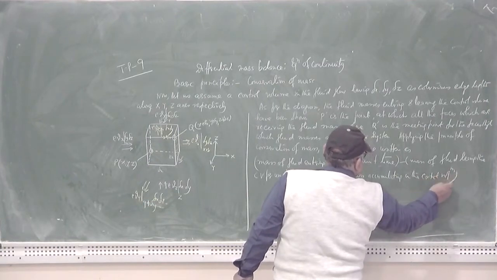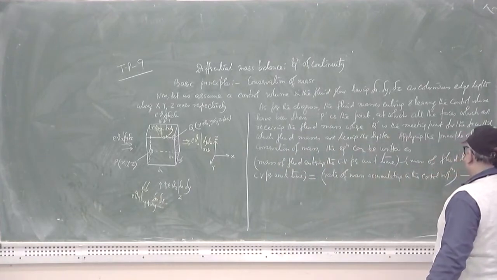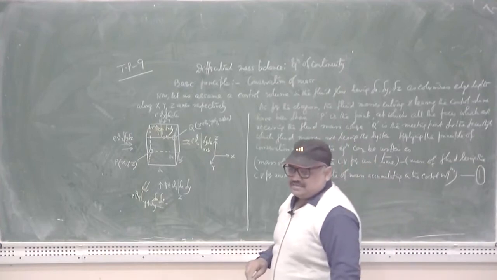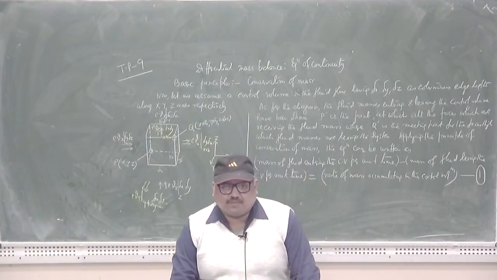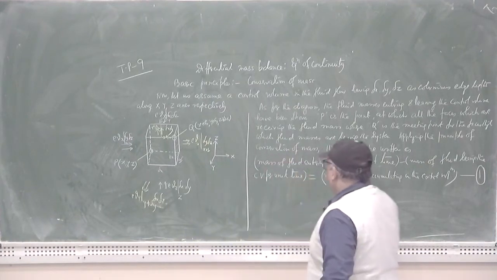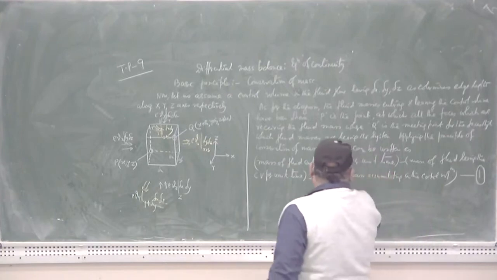So the basic fundamental equation which will lead to the derivation of the principle of conservation of mass for the fluid flow under consideration, or you can say the equation of continuity for the present case, will be derived.